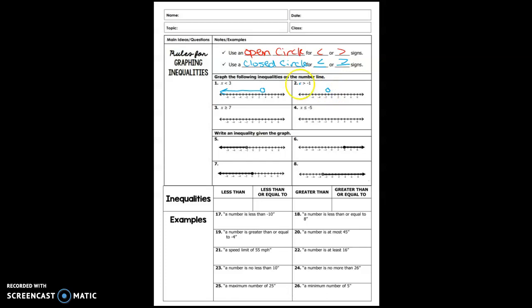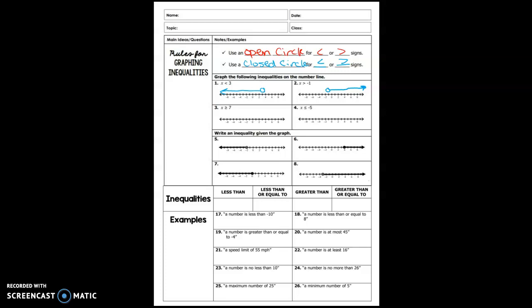Now we want x is greater than that, so we want all the values greater than -1. If we go to the right, that's all the values greater than -1. A possible value for x here could be 4, 5, 6, 4.2, or 2.5. Any number greater than -1 would be a possible value for x.